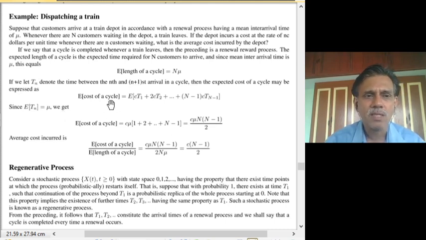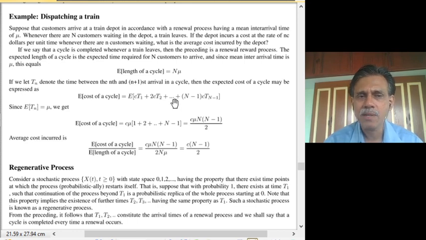So what is the cost spent on a cycle? It is the expected cost during the renewal cycle. From the point one customer arrives till the point the second customer arrives, when there is one customer, the rate of expenditure is C. When there are two customers, it is 2C.